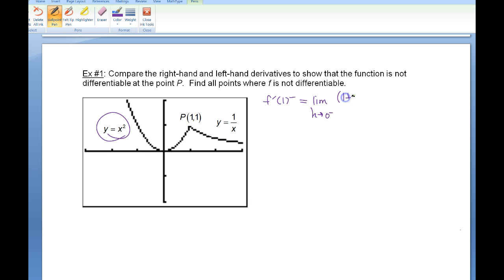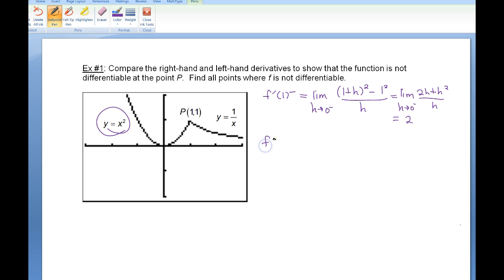So I have 1 plus h squared minus 1 squared all over h. So what do we have? 1 plus 2h plus h squared minus 1. So 2h plus h squared over h. Factor out the h. What do we get? Equals 2.